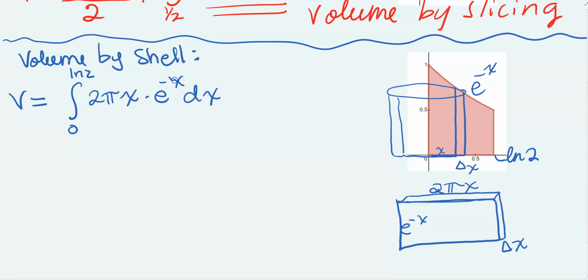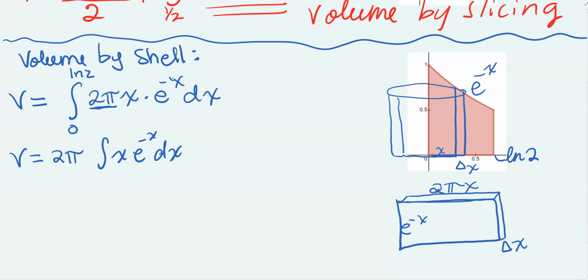Let's write that neatly here. And this is multiplication. That right there will require integration by parts. I'm going to let the 2 pi, the constant, be on the outside. So volume equals 2 pi times the integral of x e to the negative x dx.